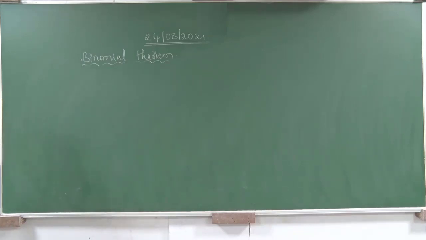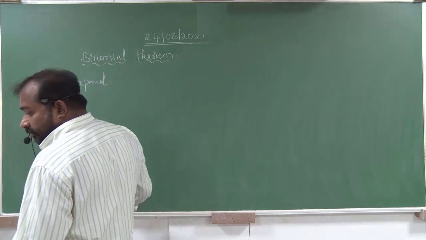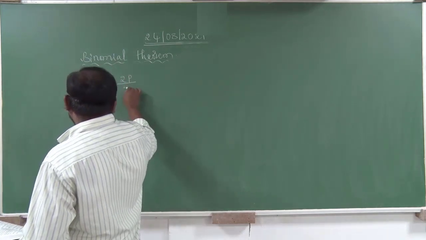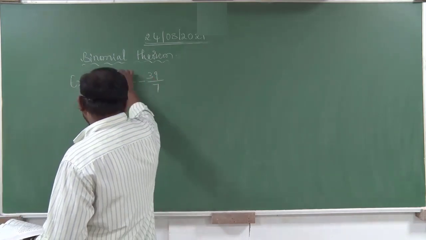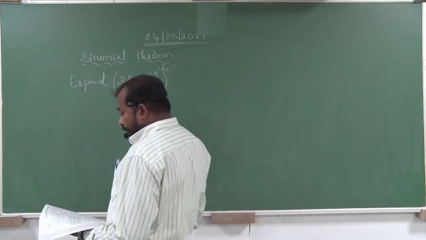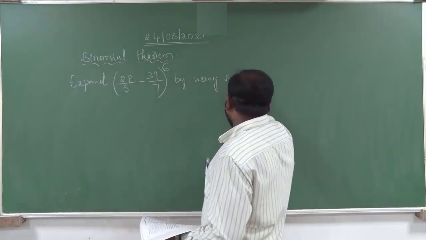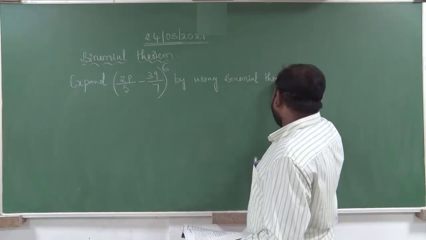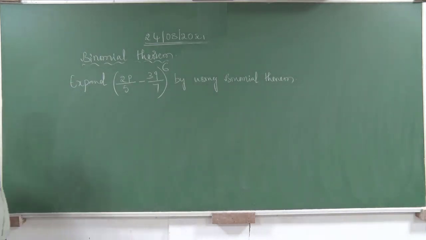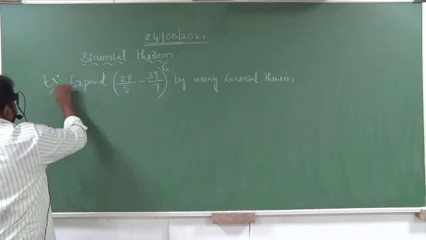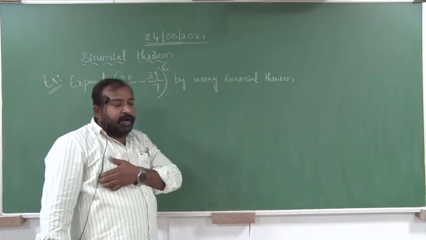Here they have given: expand (2p/5 - 3q/7) whole power 6 by using binomial theorem. This is one example they have given.